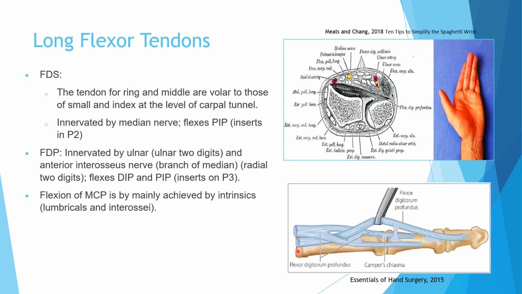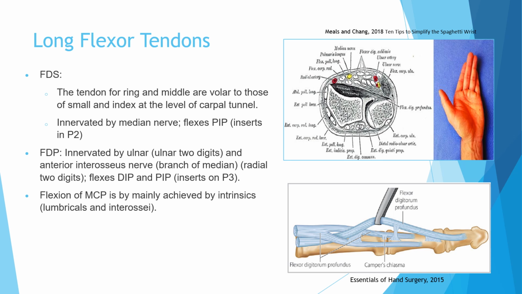Remember that the flexion of the metacarpophalangeal joint is mainly by the intrinsic muscles, which are the lumbricals and the interossei. The flexor digitorum profundus is supplied by two nerves, the ulnar nerve for the ulnar two digits, and the median nerve through the anterior interosseous nerve to the lateral two digits, the two radial digits.